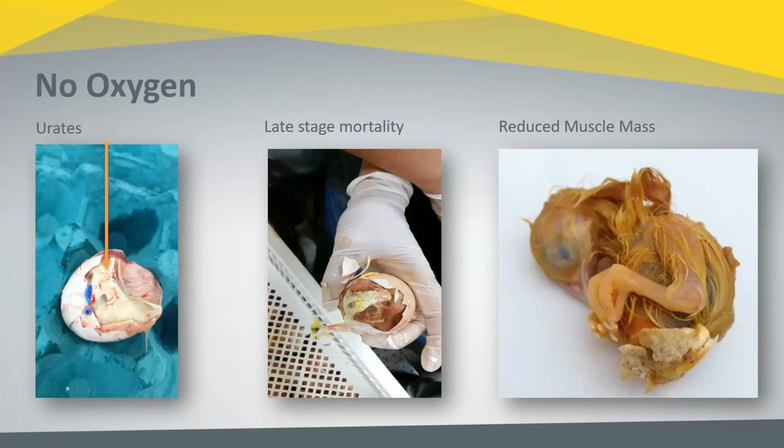What we recognize is that if the embryo doesn't have oxygen as a nutrient, it's going to utilize another nutrient, and the first thing it does is start burning proteins. The consumption of the proteins is going to reduce muscle mass. And the first thing you'll start to see with reduced oxygen is a higher incidence of large volumes of the urates that you see in these pictures here.